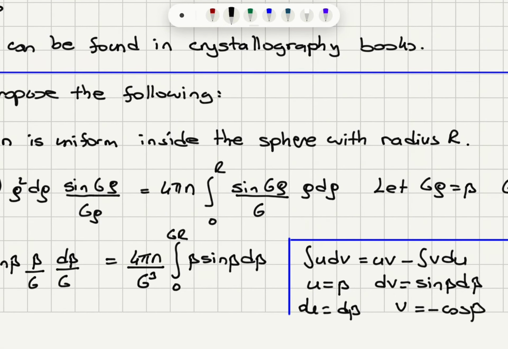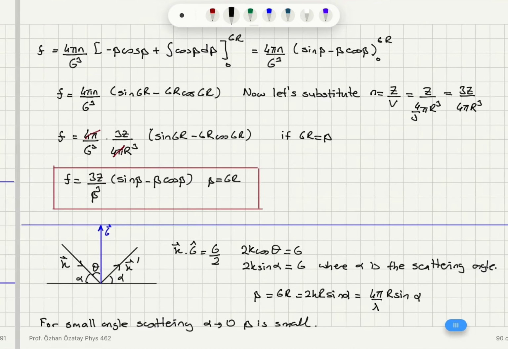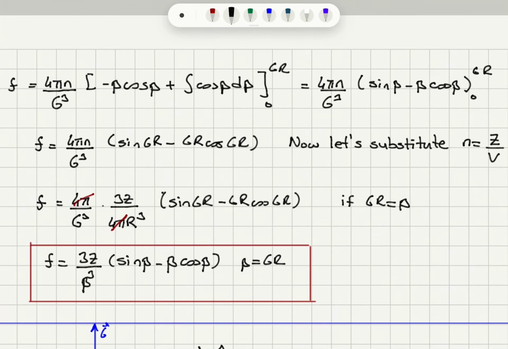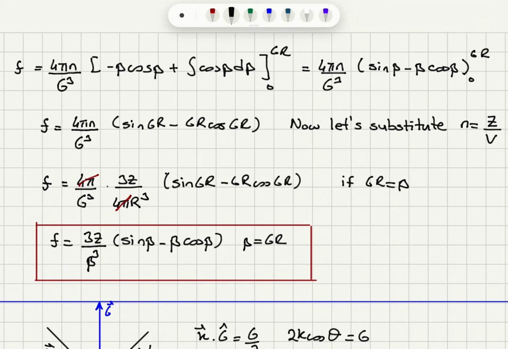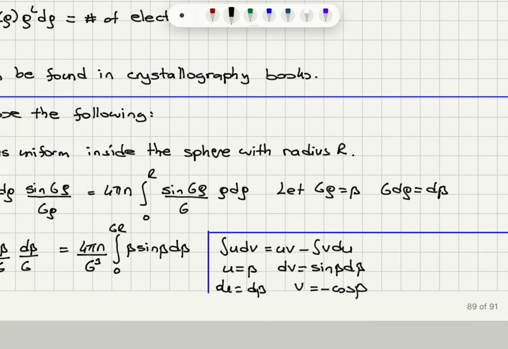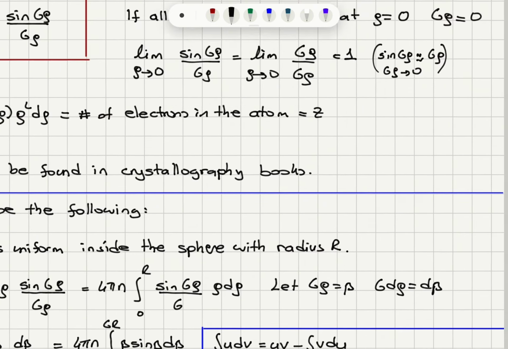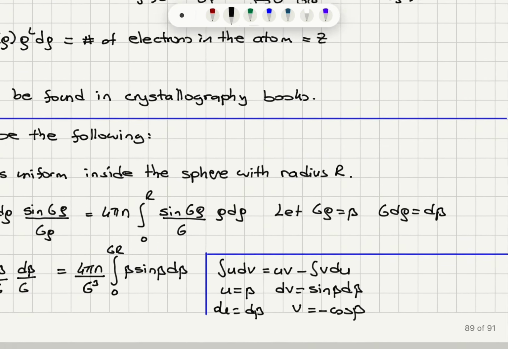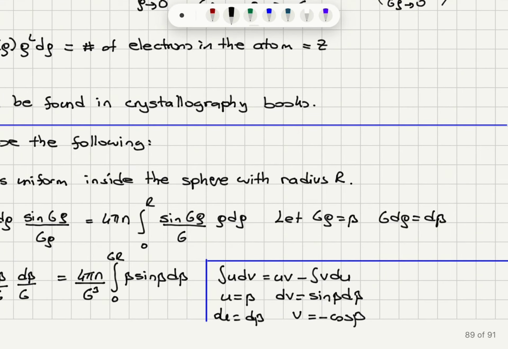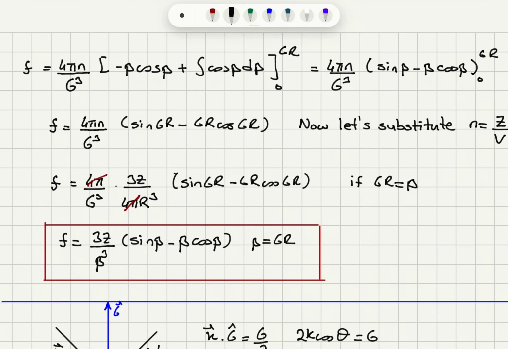In order to perform this integral, we can use integration by parts. I call beta u, and I call sine beta d beta dv, so that v is minus cosine beta and du is d beta. Integral u dv is uv minus integral v du. That's the integration by parts. So if I substitute that here, for the integral, uv is going to be beta times minus cosine beta, minus integral v du, minus will become plus cosine beta d beta, and this integral is from 0 to gR.